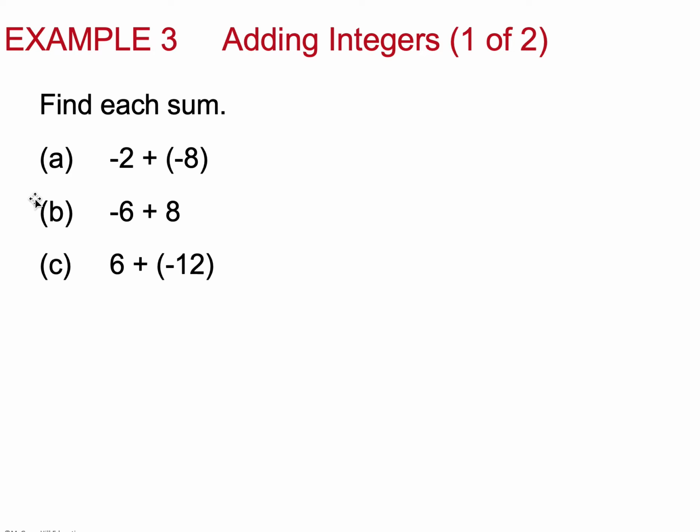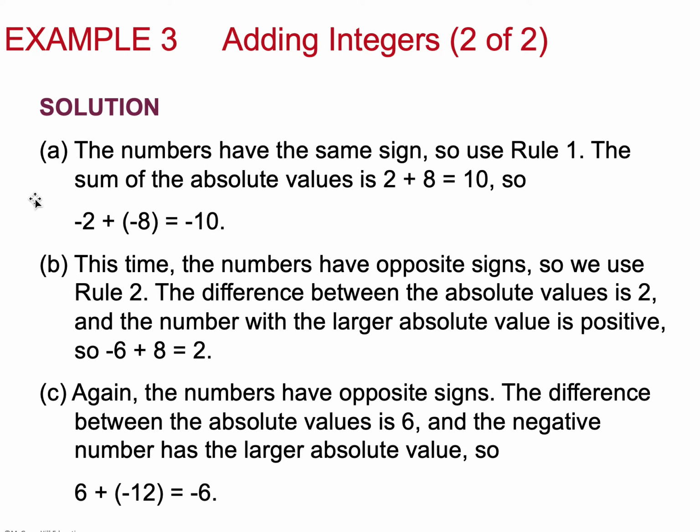So here's some examples of doing this. If I have -2 plus -8, both of those signs are negative, so I just do 2 plus 8 is 10, and it retains the sign of both numbers. If I want to work with -6 plus 8, I would subtract the two numbers.